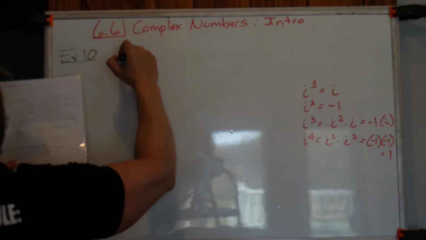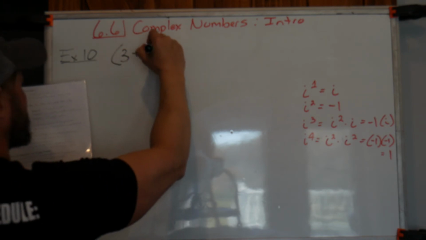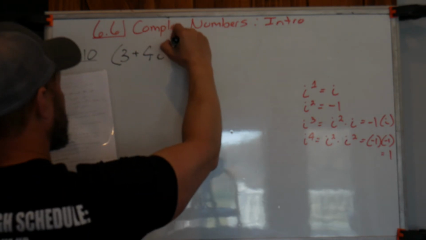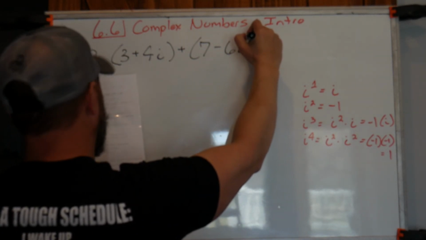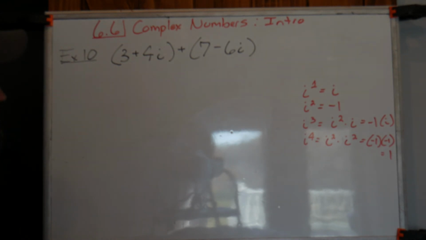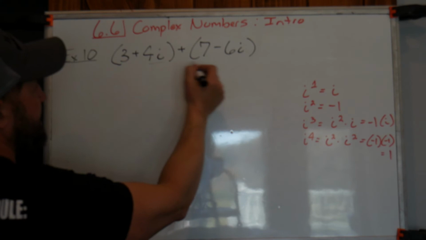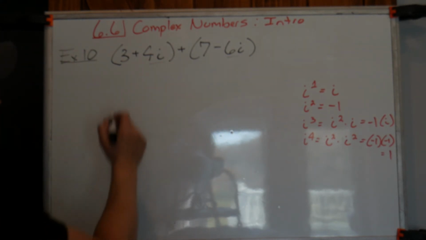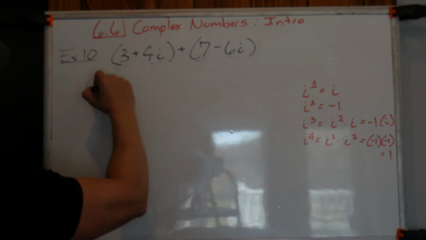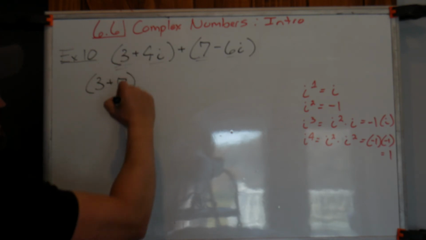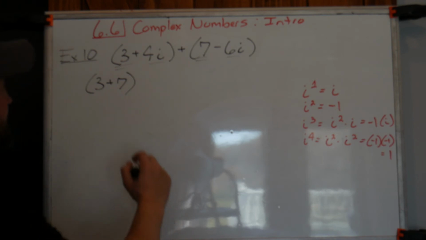Example 10 gives us 3 plus 4i plus 7 minus 6i. Literally, look for like terms. In this case, i is our like term. 3 and 7 are whole numbers. I can add 3 and 7, they're numbers. That's easy, 3 and 7.